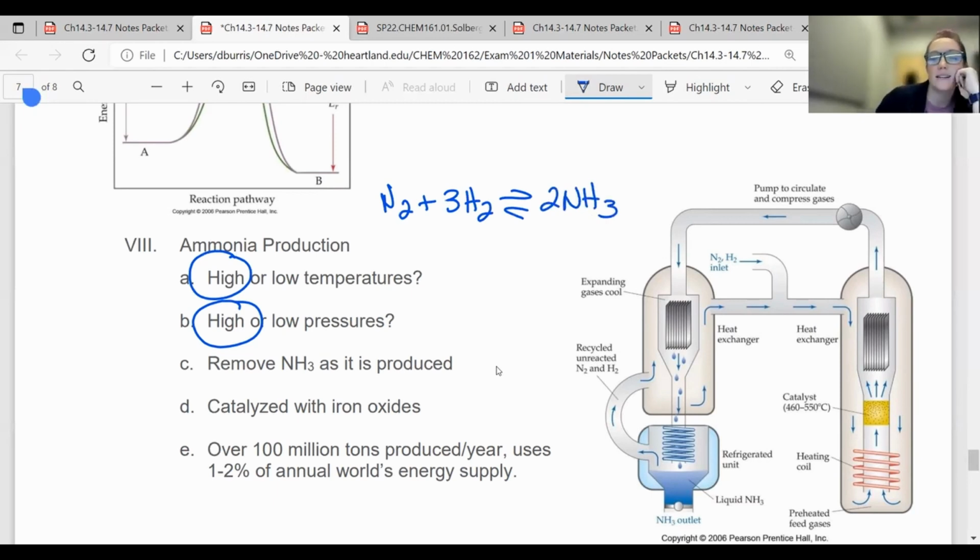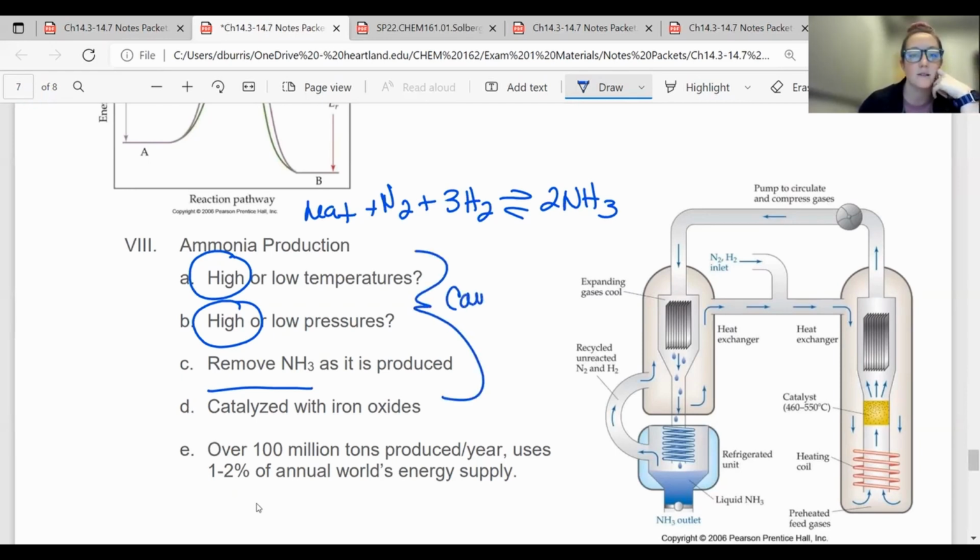We know that high temperatures cause it to produce more ammonia, so it must be endothermic. High pressures cause it to shift right because there's less moles on the right side. As this reaction happens, they remove the NH3, and as you take more out, that's going to cause it to shift right. So all of these things cause a rightward shift in this reaction to produce more and more ammonia. And a catalyst is just going to make it go faster, right?